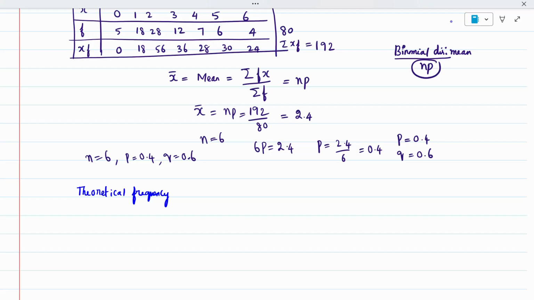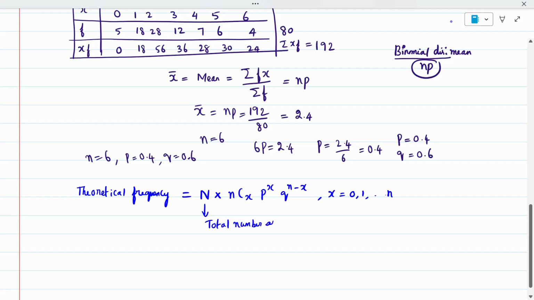So the formula for theoretical frequency is capital N into our binomial distribution formula: nCx p power x q power n minus x, where x equals 0, 1, 2, etc. Small n is the total number of trials, and capital N is the total frequency, which is given in the question to be 80.